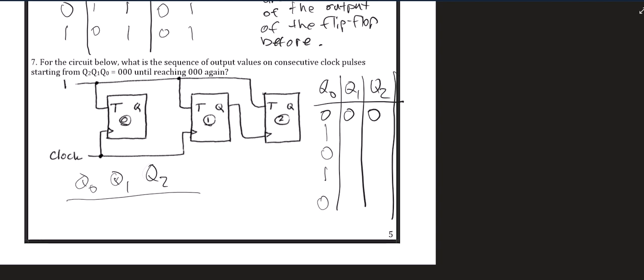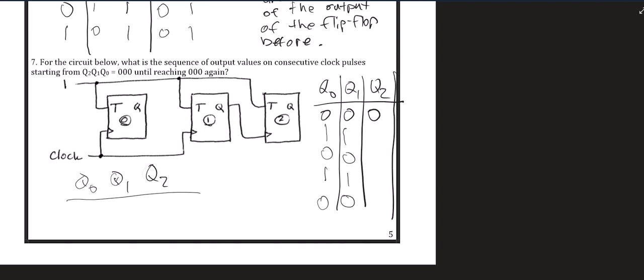Okay, now Q1 is also just a T flip-flop with a clock and an input of 1, so it also is just going to toggle. So that's easy.